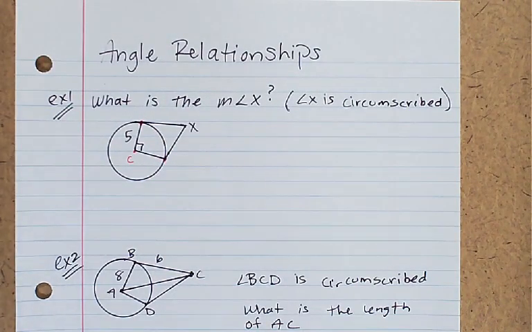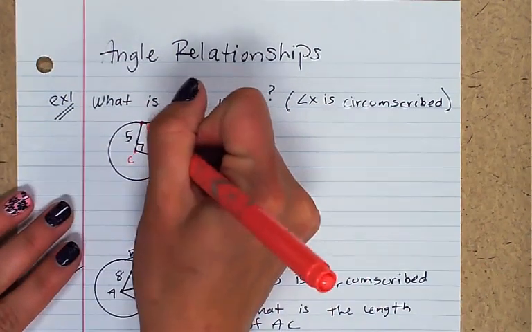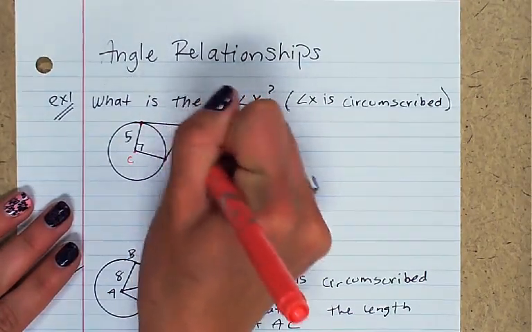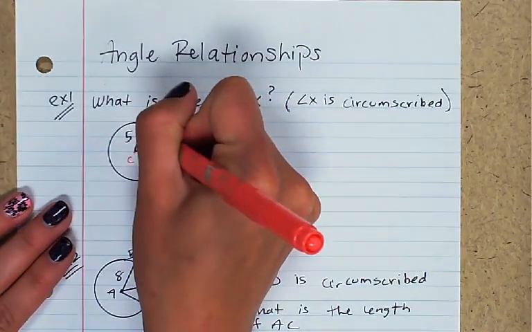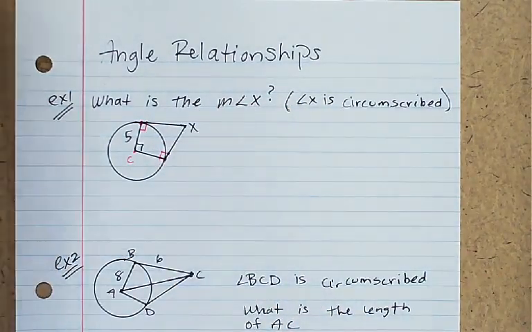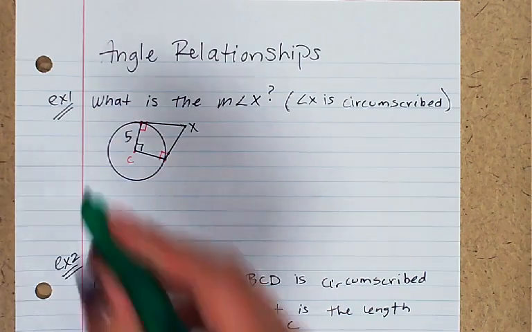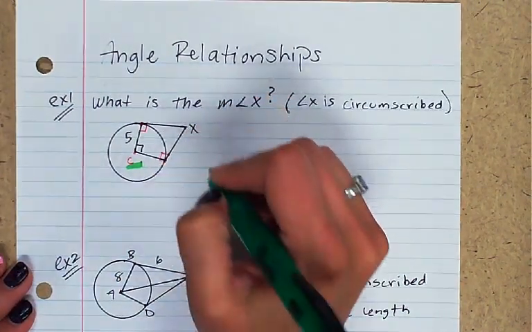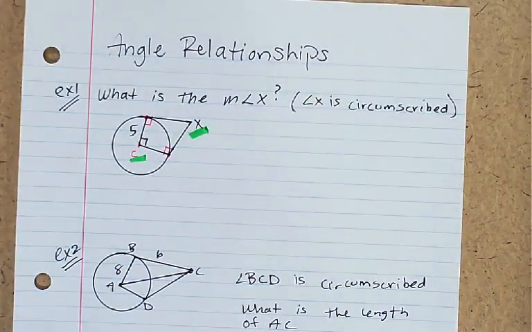There are two things that we know. Now, this is not drawn to scale, so it might look funky, but we know that the radius here, because it's a central angle, and the leg of this angle form a right angle here and here. We also know that this angle, the central angle here, and the circumscribed angle here, x, have to add up to 180 degrees.